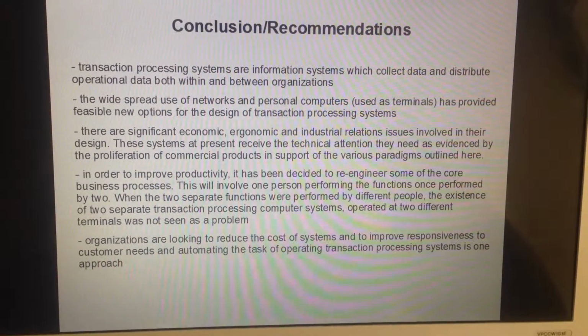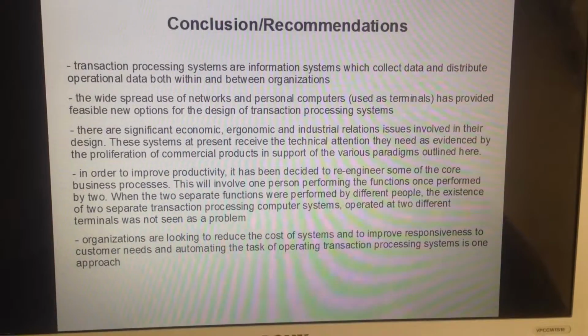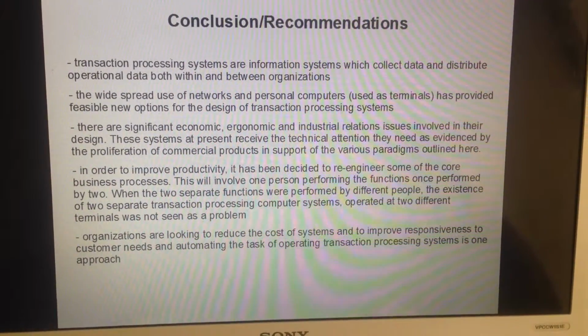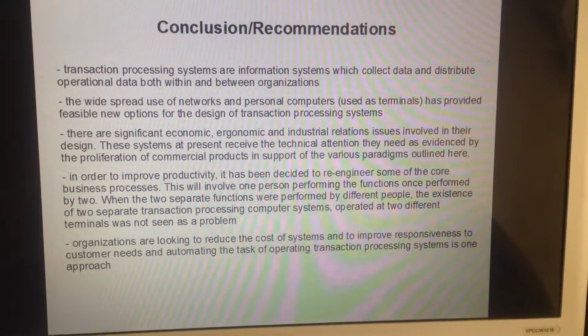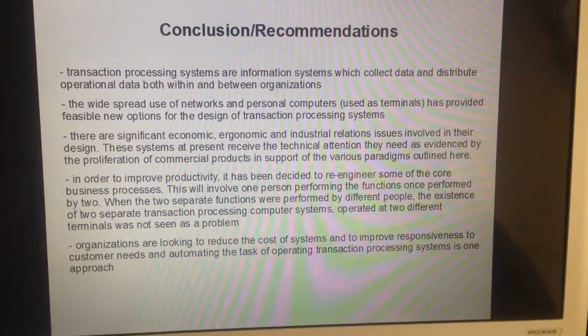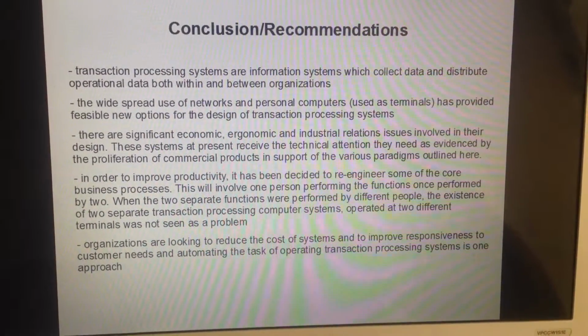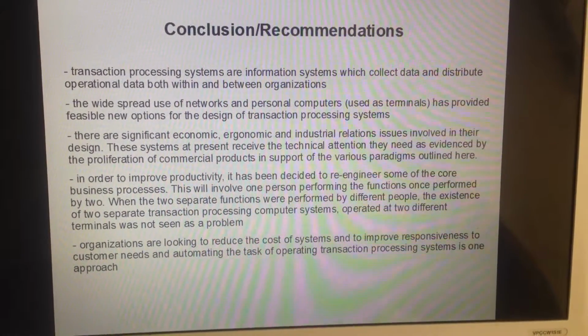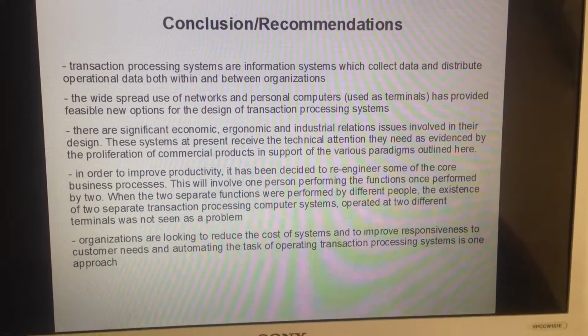There are significant economic, ergonomic, and industrial relations issues involved in their design. These systems at present receive the technical attention they need, as evidenced by the proliferation of commercial products in support of the various paradigms outlined here.